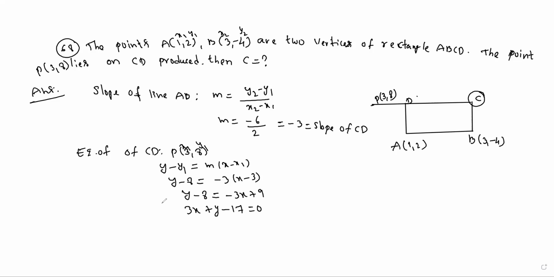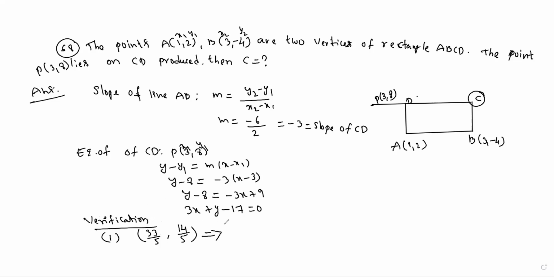I'll go through verification with the points, because now through verification it is easy, since exactly finding point C is not possible. You take the first option. In the first option, the point given is 33 by 5 comma 14 by 5.